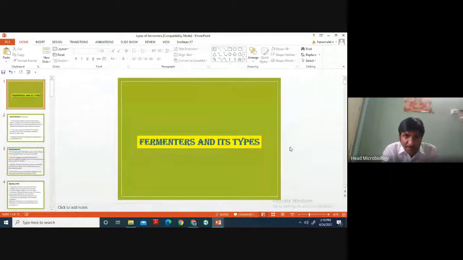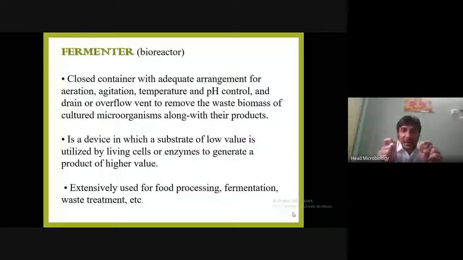Here, fermenter is one terminology and fermentation is another terminology. Fermenter is an equipment, a bioreactor or vessel. Vessel means one of the equipment.